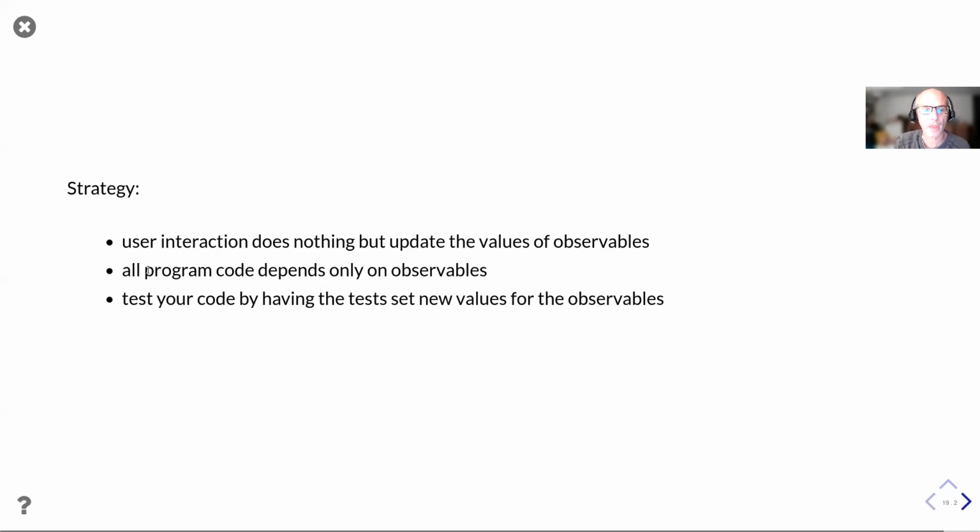And so at that point, all of the logical portion of your program code depends only on the observables and is completely divorced from the graphical widget toolkit, or whatever else you're using to actually manage the on-screen interaction with the user.